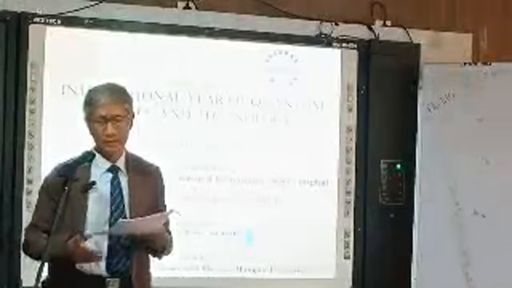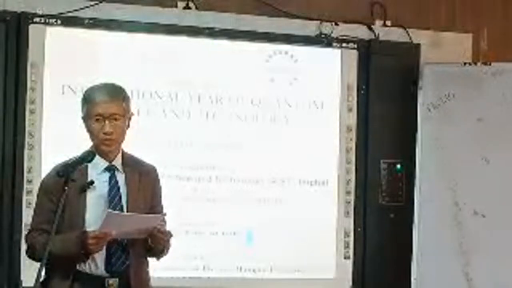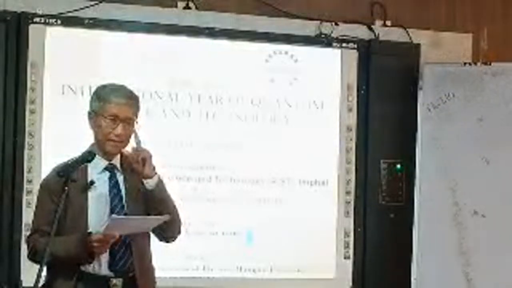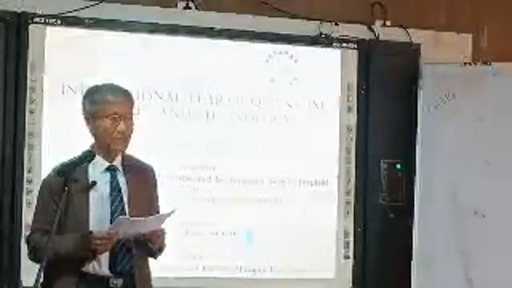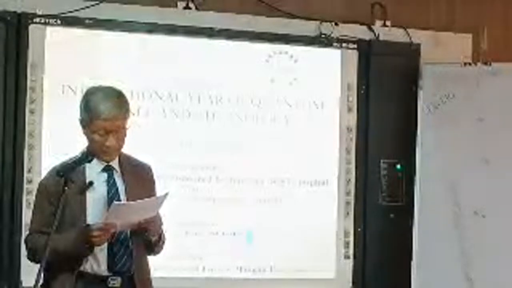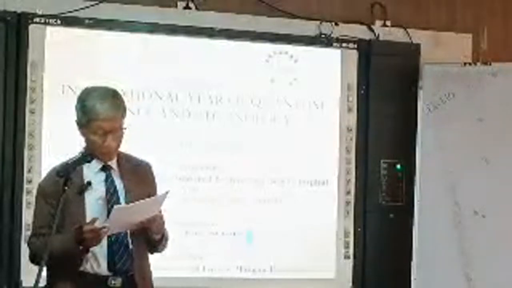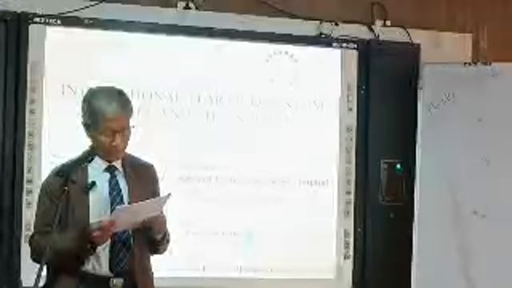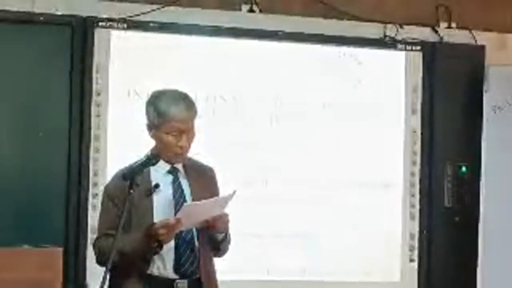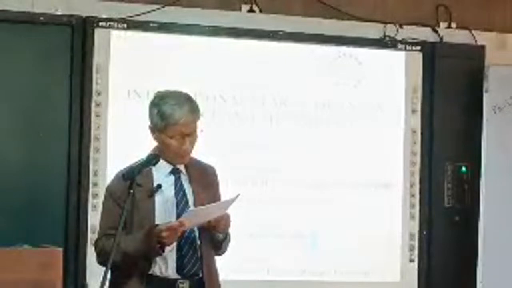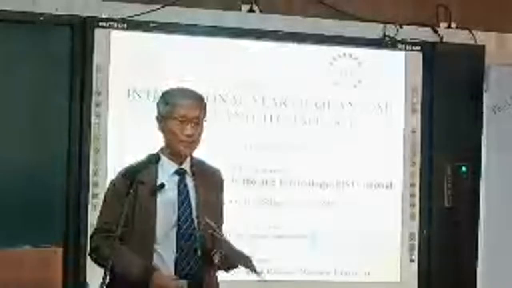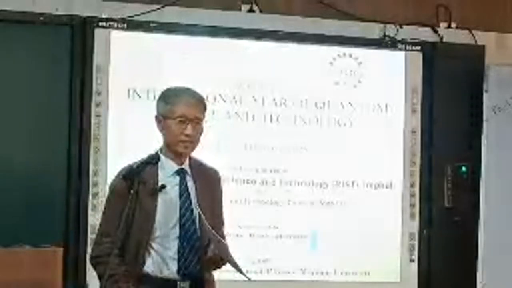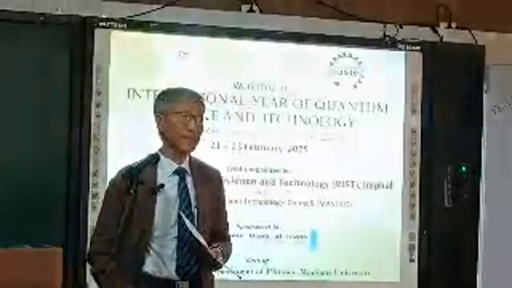He wrote a letter to Einstein, and in that letter he introduced a word in German. I cannot pronounce it, but I shall read it out. The word was Verschränkung, which he himself later translated into English as entanglement.